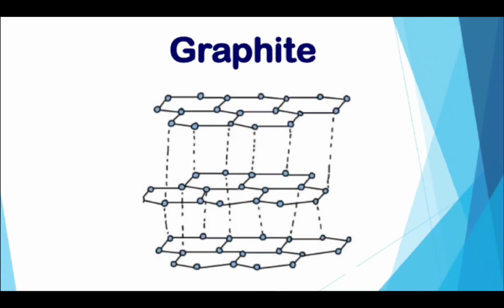Now, there is another giant structure of carbon, which is exactly the opposite of diamond. That means diamond is the hardest material. Graphite, another carbon structure, is a very soft material.